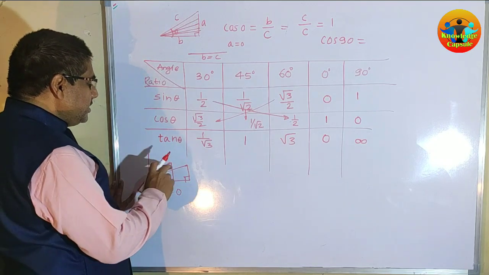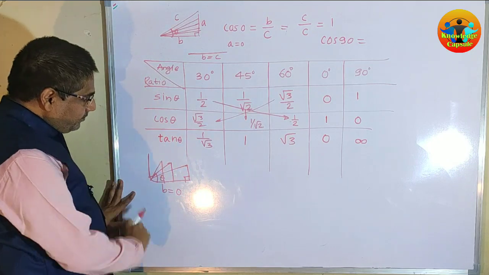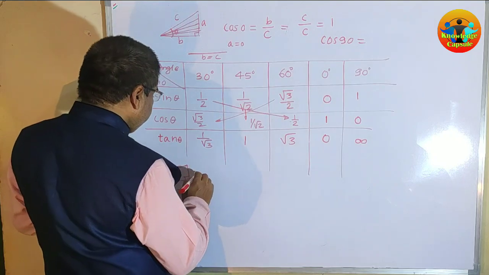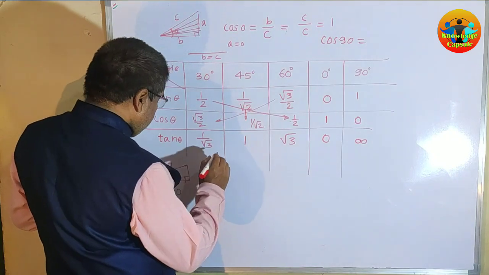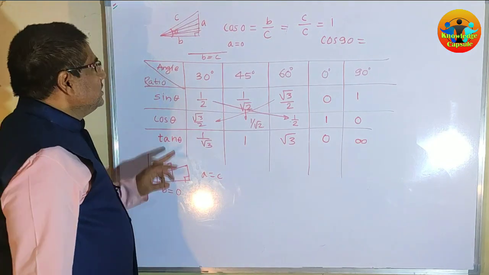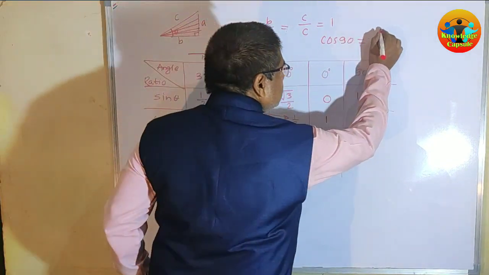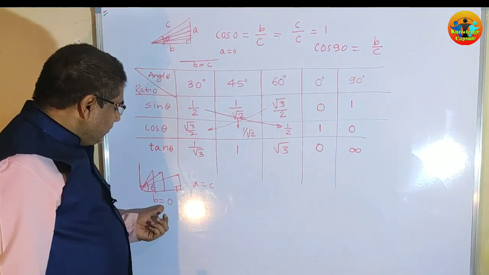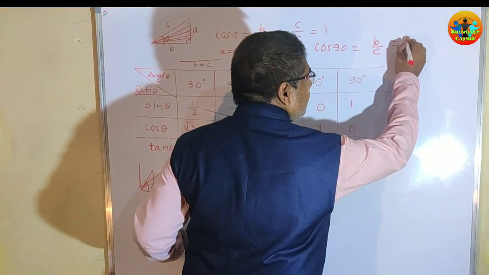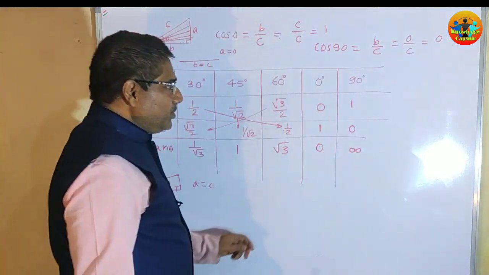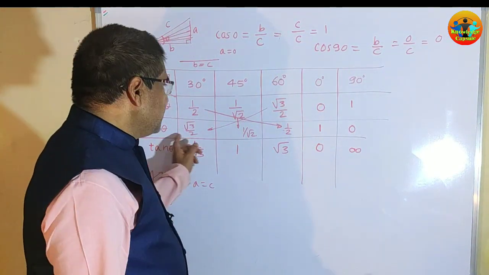And at that time, this opposite side and this hypotenuse will become equal, that is A is equal to C. And if you write value of cos 90, it is B by C, and here B is equal to 0 and 0 by anything is 0. Therefore cos 90 is 0.